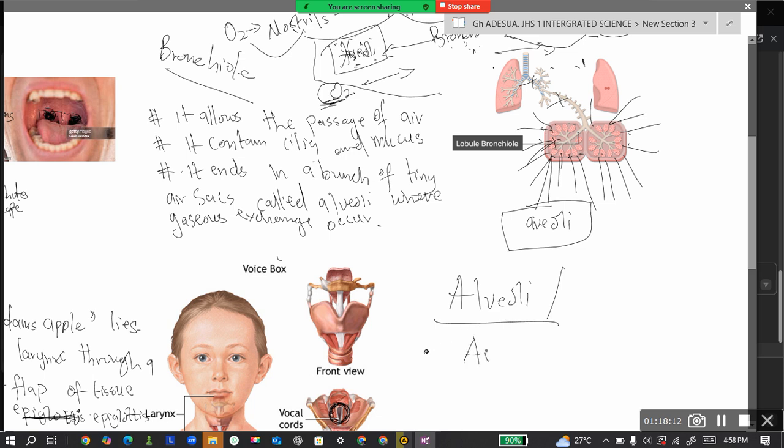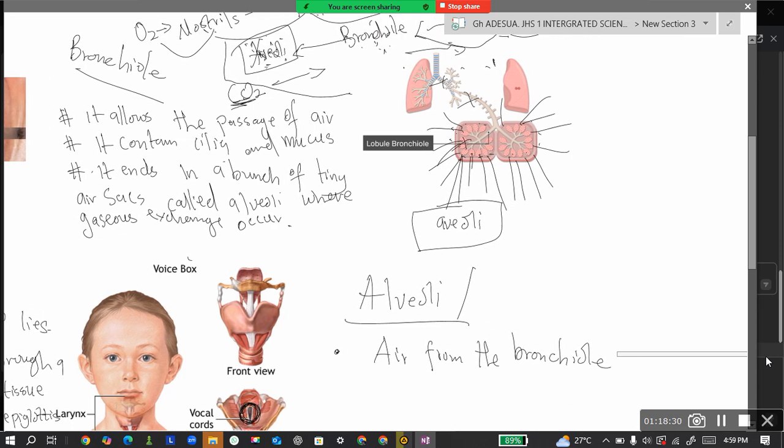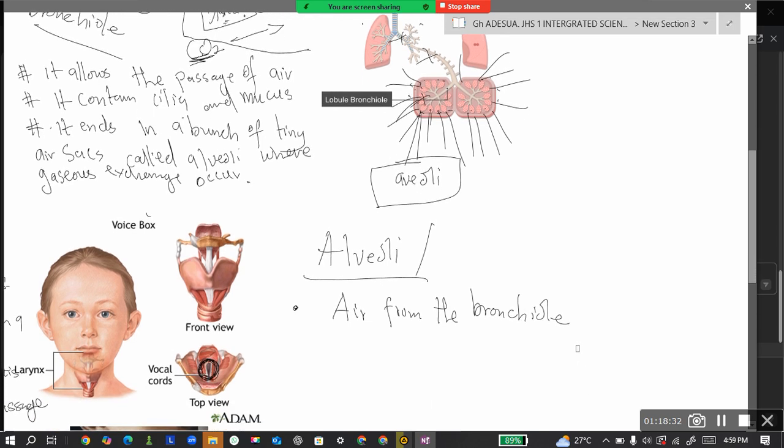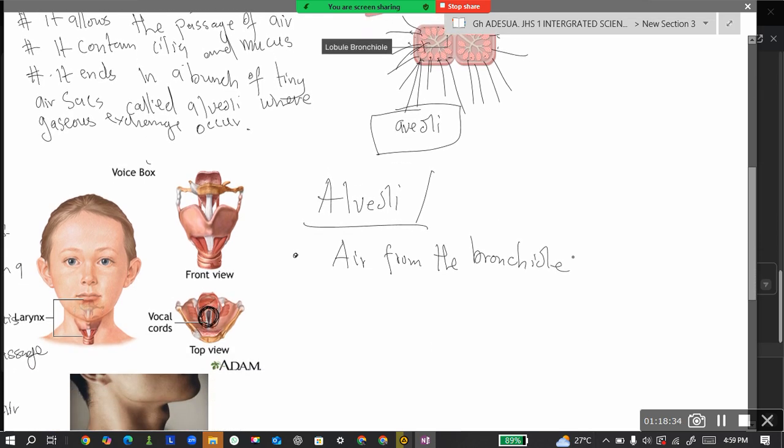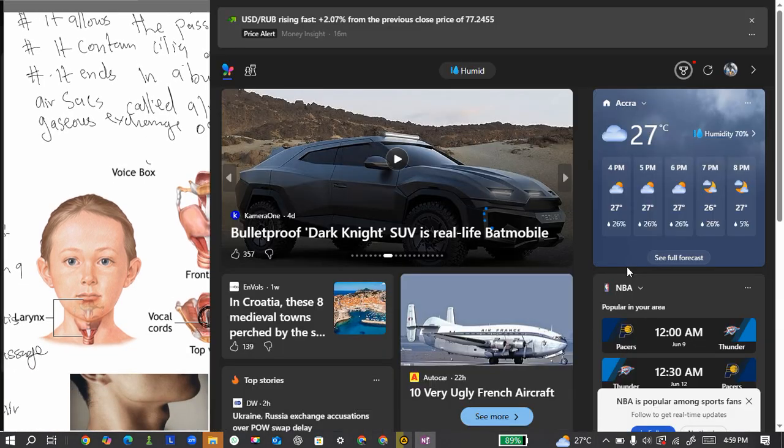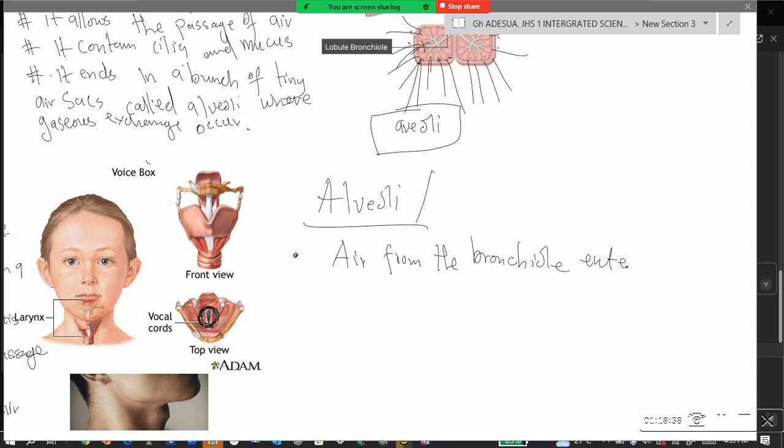So we can also say air from the bronchial enters the what? Alveoli. Right. Air from the bronchial enters the alveoli.